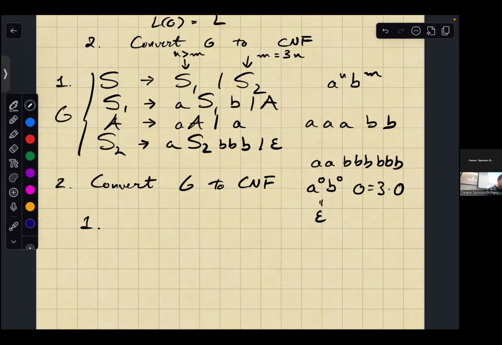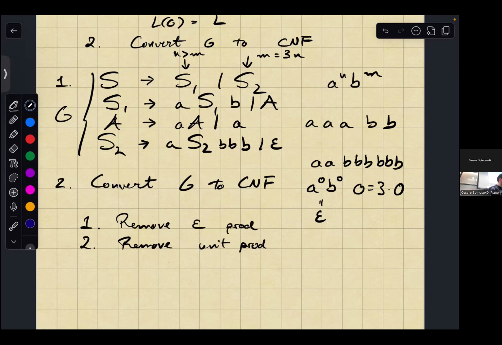It's very important to start by removing the epsilon productions. And then to remove the unit productions. You do 1 before 2 because removing epsilon productions might introduce new unit productions, right?